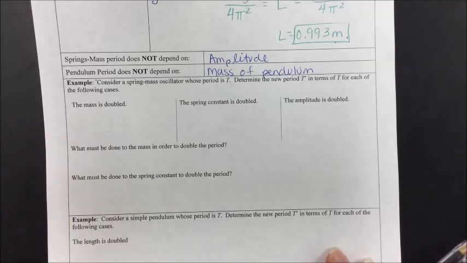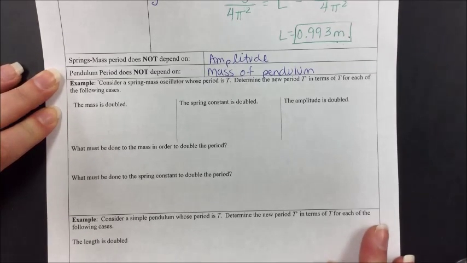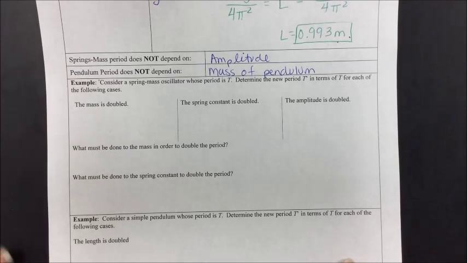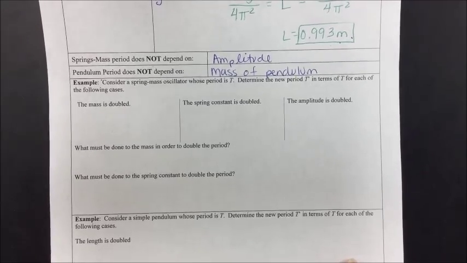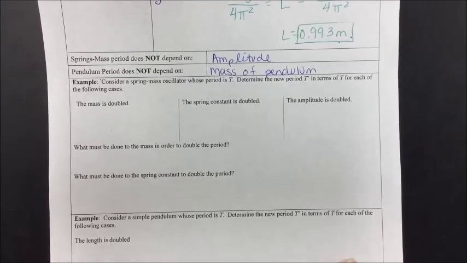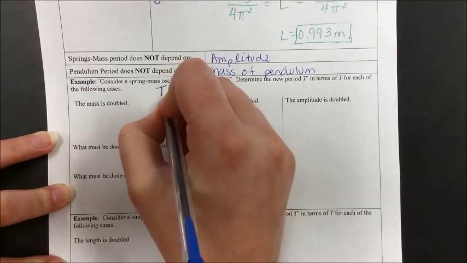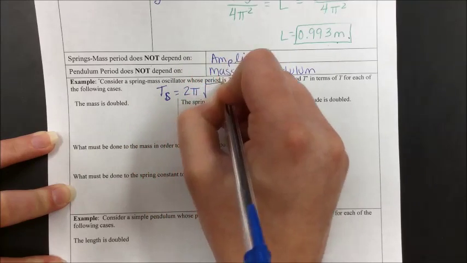So this next section is looking at the relationships, and it's going through what happens to all of those things if I double this, which is super important because the AP test is going to ask you to do that pretty often. So you need to be practiced at this. And this is kind of a weird formula to do this with. So we're looking at a spring mass oscillator.